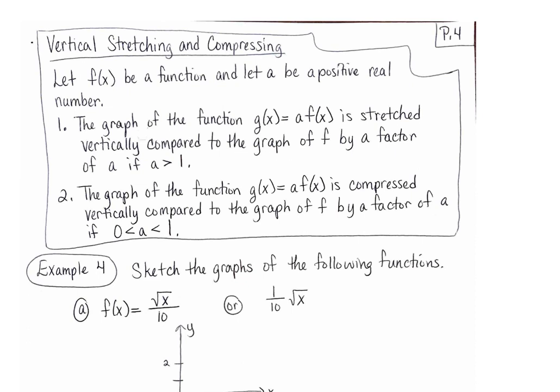If we have the parent function, f of x, then the graph of g of x equals a times f of x. Notice that the a is on the outside no matter what in this case whenever you do a vertical stretching or compressing. It's whether your a is greater than 1 or less than 1. Okay, it's stretched vertically.